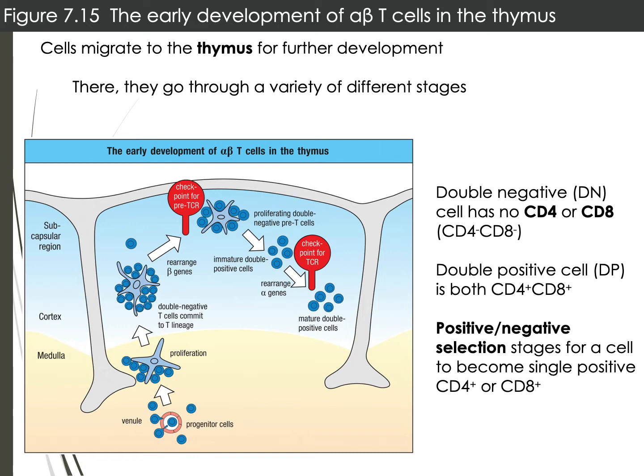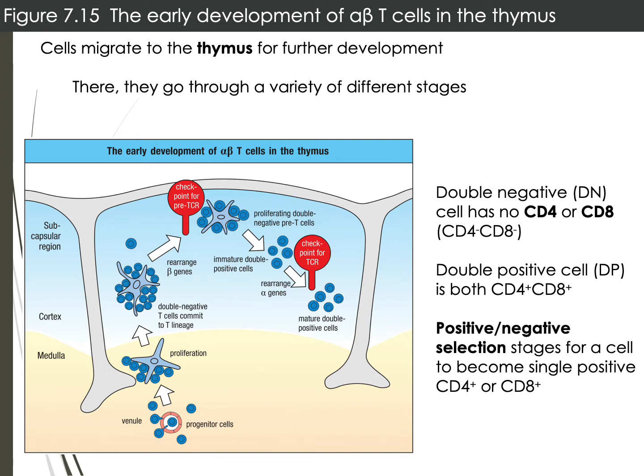and these stages. Initially, one of the first events for these T cells is committing to the T cell lineage. As they're entering into the cortex, in this double negative stage, that's where they're going to commit to T cell lineage, and that means that Notch1 is being expressed.